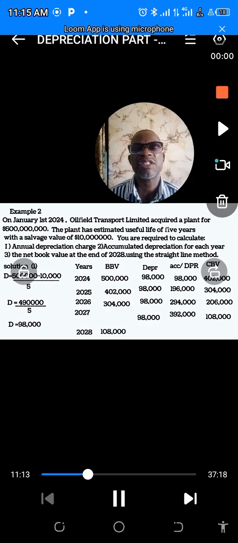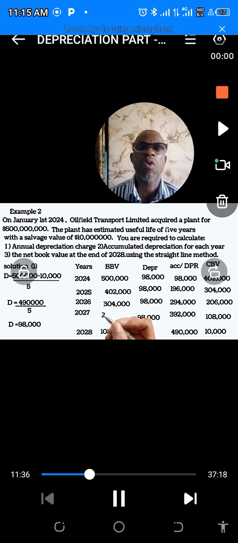The accumulated depreciation becomes 98,000 times 5, which is 490,000, and the closing book value becomes 10,000, or 10 million according to the question. 2027 opening value 206,000, and 2028 depreciation also remains 98,000.